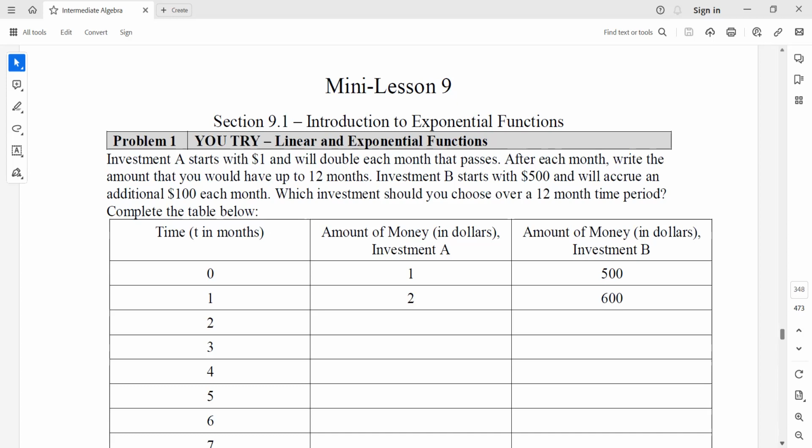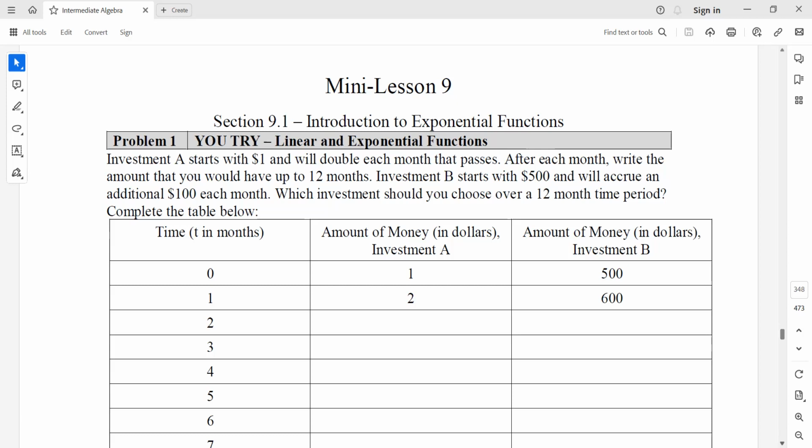Now, we want to make sure that we have the right amount after 12 months. Now, investment B starts with $500 and is going to accrue an additional $100 each month. So A, you're starting with $1, is going to double each month for the next 12 months. And then for B, you start with 500 and each month you get a $100 increase. Which one are you going to choose?